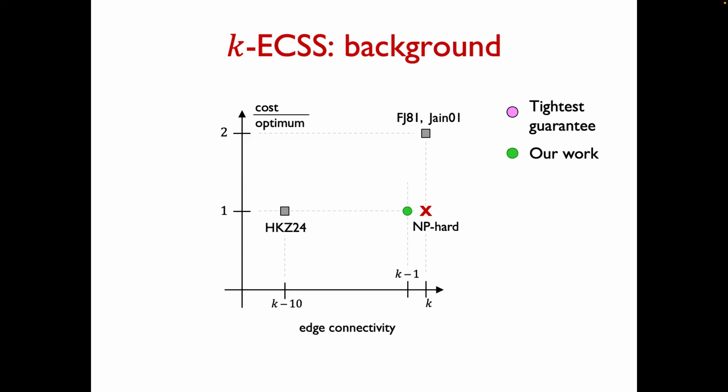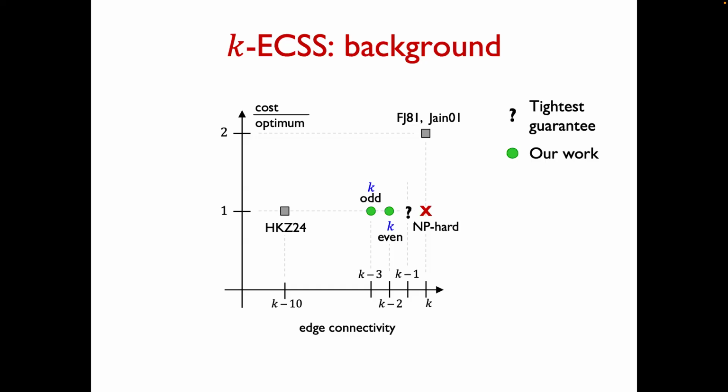No, this is a lie, otherwise it wouldn't be almost tight. So this is open. I can't promise you the sun, but I can promise you the moon. What we can do is, for k even, get a (k minus 2)-edge connected solution, which implies that for k odd, we get a (k minus 3)-edge connected solution.